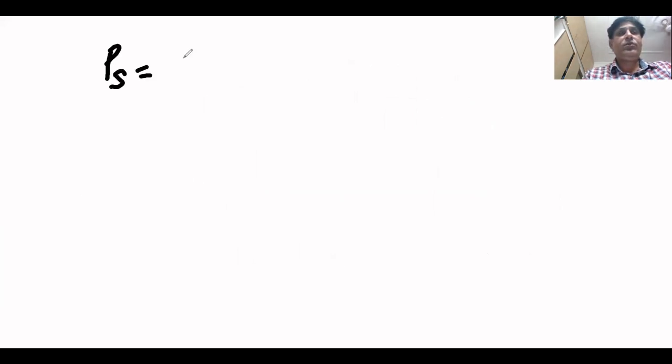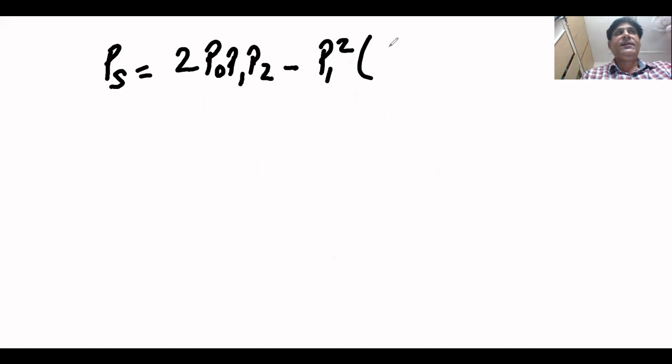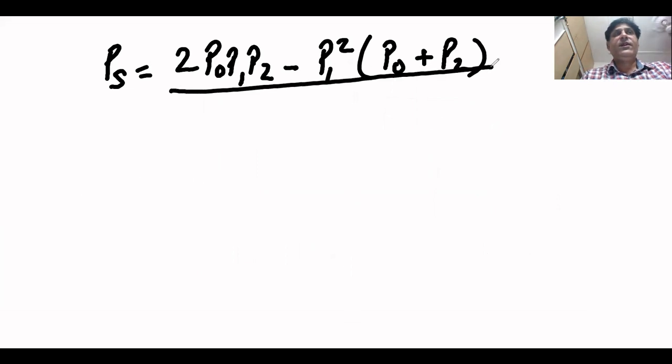It was 2 P0 P1 P2 minus P1 square, times P0 plus P2, divided by P0 P2 minus P1 square.